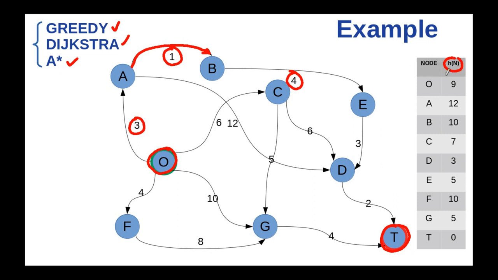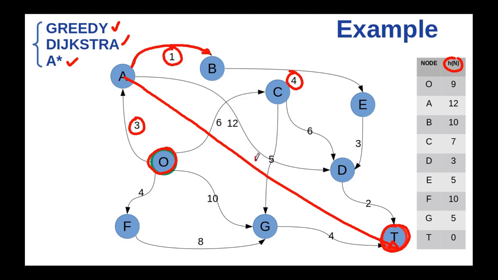And the heuristics is, as you may remember, like a rule of thumb in order to guess how big is the cost of going from the actual node to the target if you could fly. So it's the Euclidean distance.